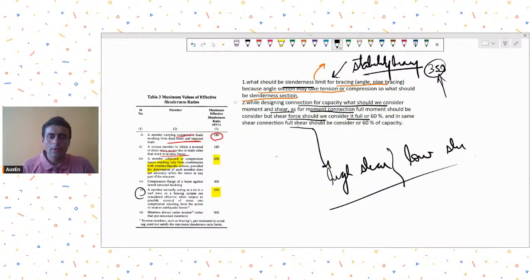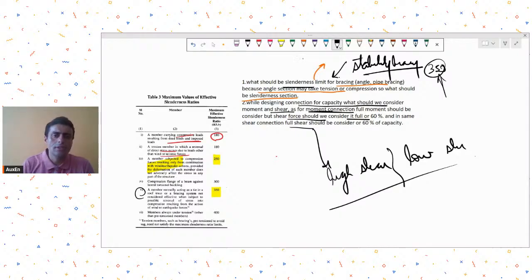Now when you are designing your connection, my first question is, why do you want to design it for the full moment capacity? Because it might not be the most economical option for you. Unless you are doing some kind of ductility design, I would not suggest you go for the full capacity design for your connections.